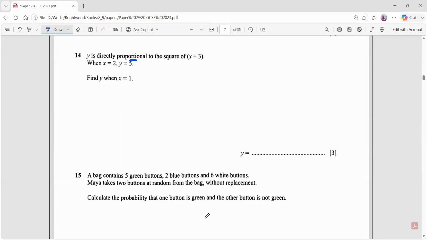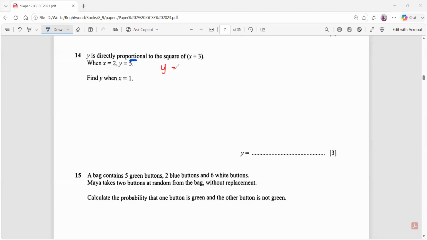So how to solve that one? You can write y equals k times x plus 3, because this is directly proportional.